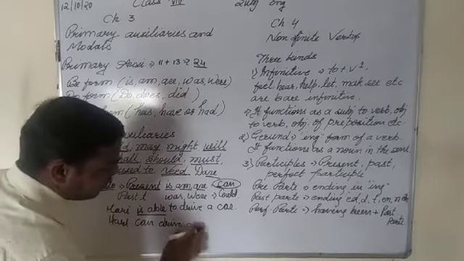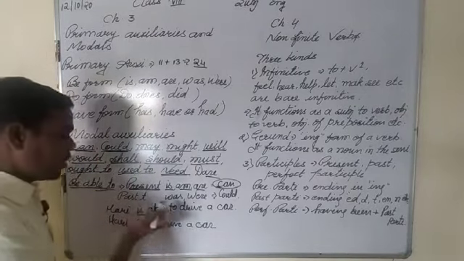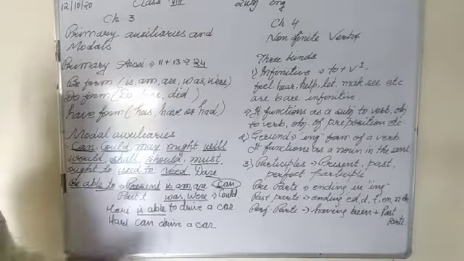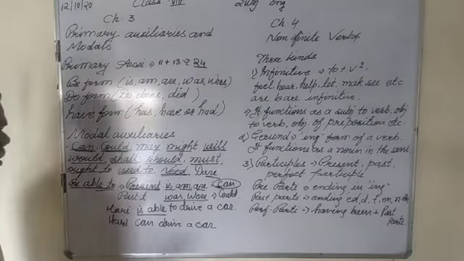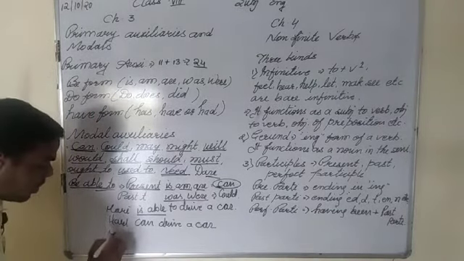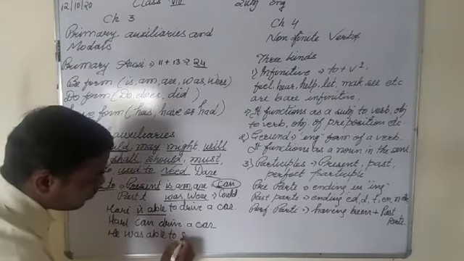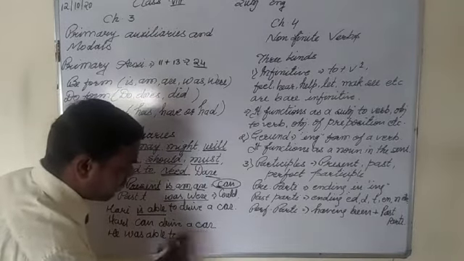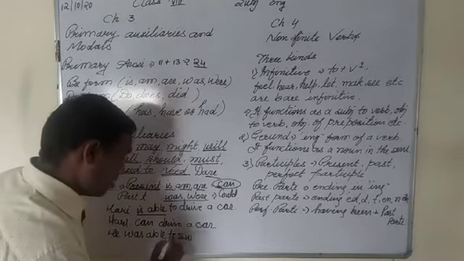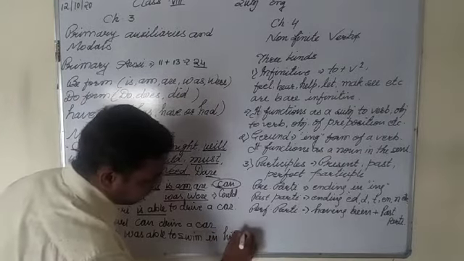Same as it, if it has been used in the past, was or were, we will use could. He was able to swim in his childhood.